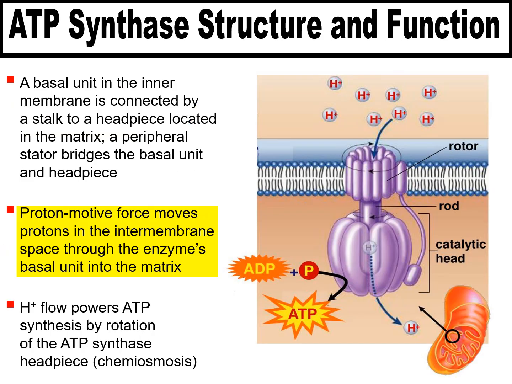ATP synthase is an enzyme that catalyzes the formation of the energy storage molecule, adenosine triphosphate, ATP. Remember, ATP synthase uses a proton motive force to add phosphate to ADP to generate ATP.